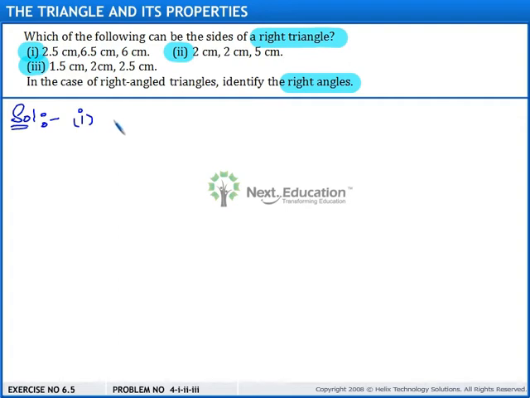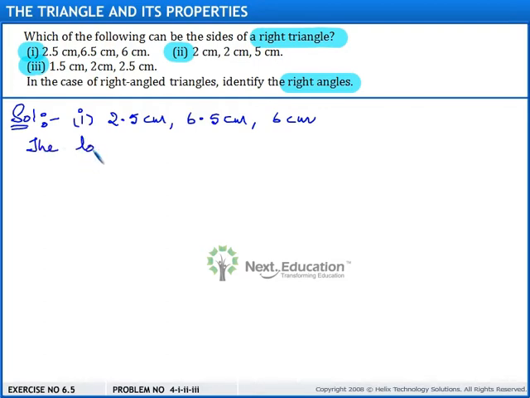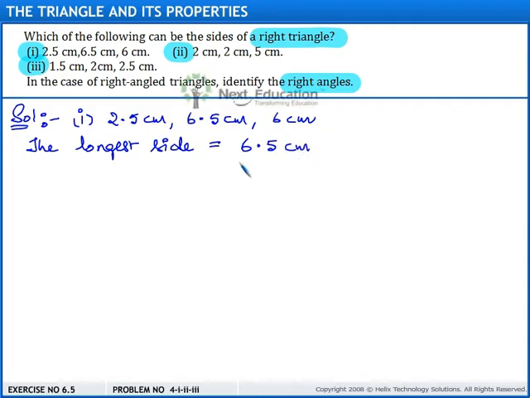In this, we are given 2.5 centimeters, 6.5 centimeters and 6 centimeters. The longest side in the above 3 is equal to 6.5 centimeters, which will be the hypotenuse of the triangle.